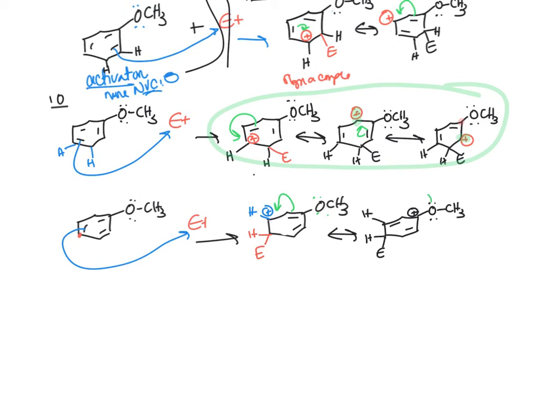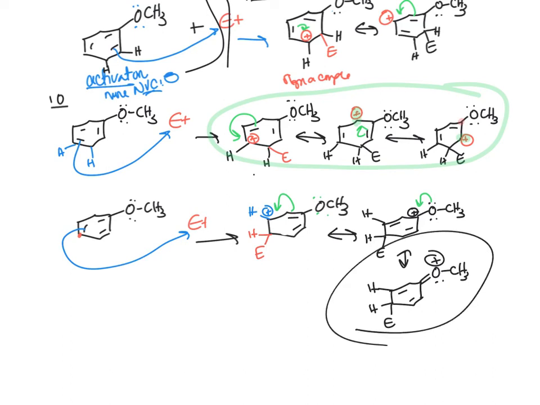And the nice thing is here, those electrons can go there onto the ring, and then you get the resonance structure with the positive charge on the oxygen. And you could draw another resonance structure, but it's this one here. Usually an activator is an ortho or para director, and a deactivator is a meta director.